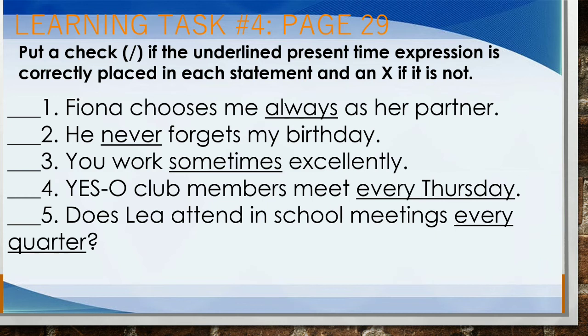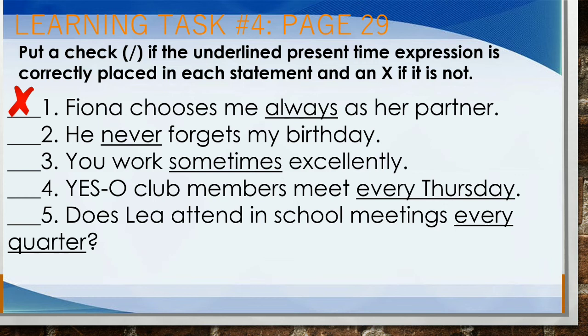Okay, let us check our learning task number 4. Number 1, the answer is X. Why? Because as we learned a while ago, if the time expression is only one word, we place it before the verb. So in number 1, the verb is chooses.